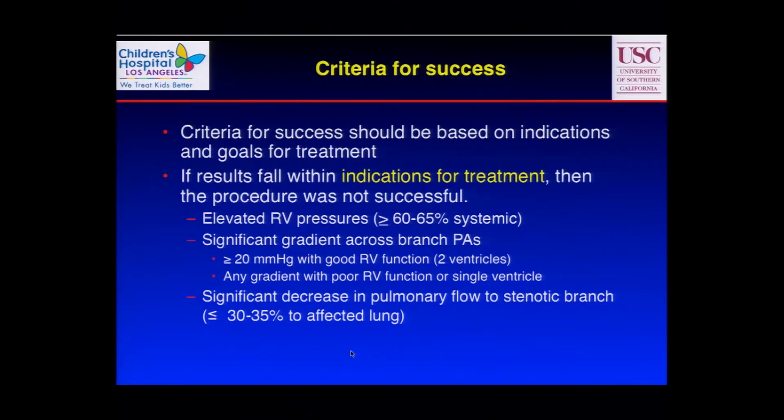So nowadays we use indications for an intervention for branch stenosis: elevated pressures by more than 2/3 compared to the systemic arteries, significant gradient more than 20 millimeters in a good functioning heart, or any gradient in a single ventricle or poor function RV, or significant difference in flow, probably less than 30 to 35% to the affected lungs. Now again, I always say that success, if you base it on arbitrary criteria, may not be good enough.